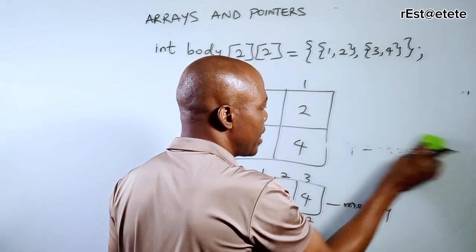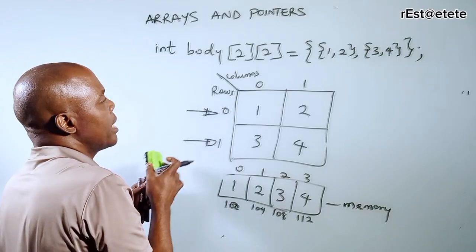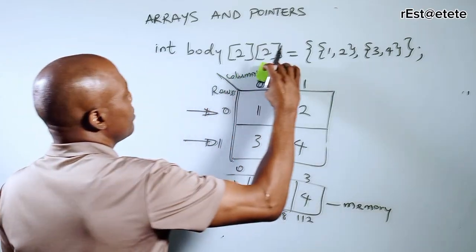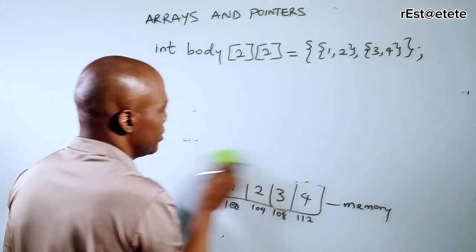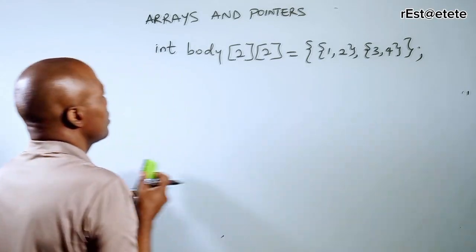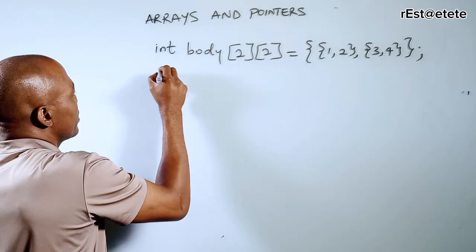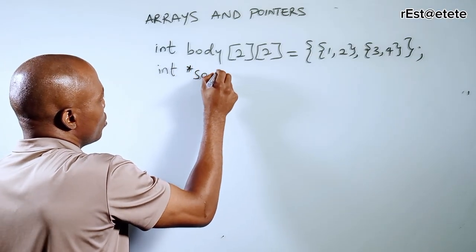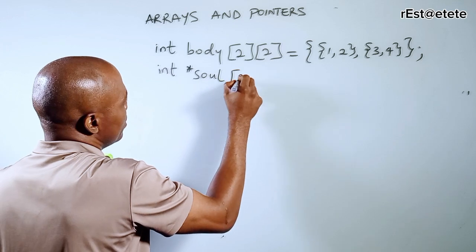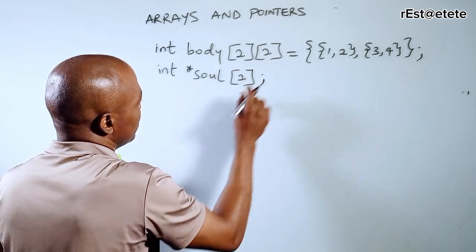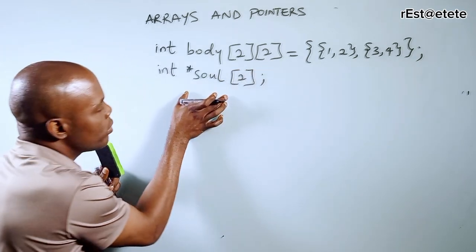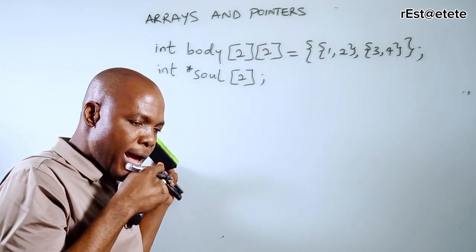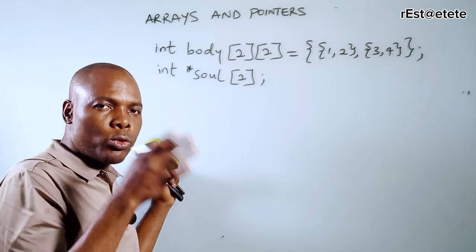So to achieve that, it means that I am going to write a pointer. Let's do this. So I'm going to say int *soul, and then I'll put this 2 in brackets. Now, if I do this, what this is simply saying is that I am pointing to a basket with 2 hands.